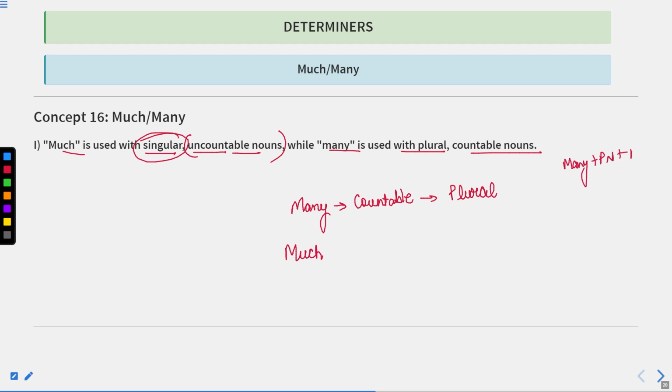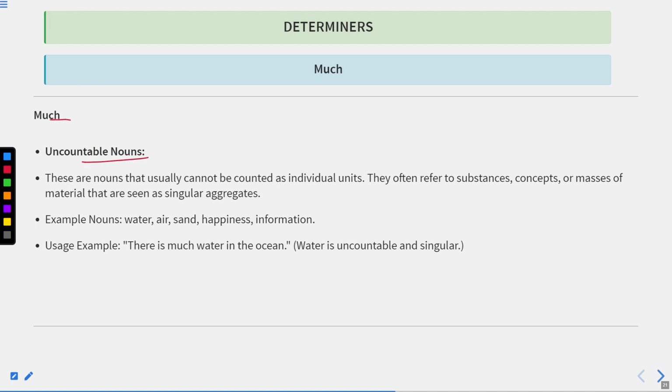Whereas much is always used with uncountable nouns. When we want to show the intensity of an uncountable noun, we use the word much. If it is uncountable, obviously it will be considered singular. With much, the noun will be singular because it is an uncountable noun, and the verb will be singular.